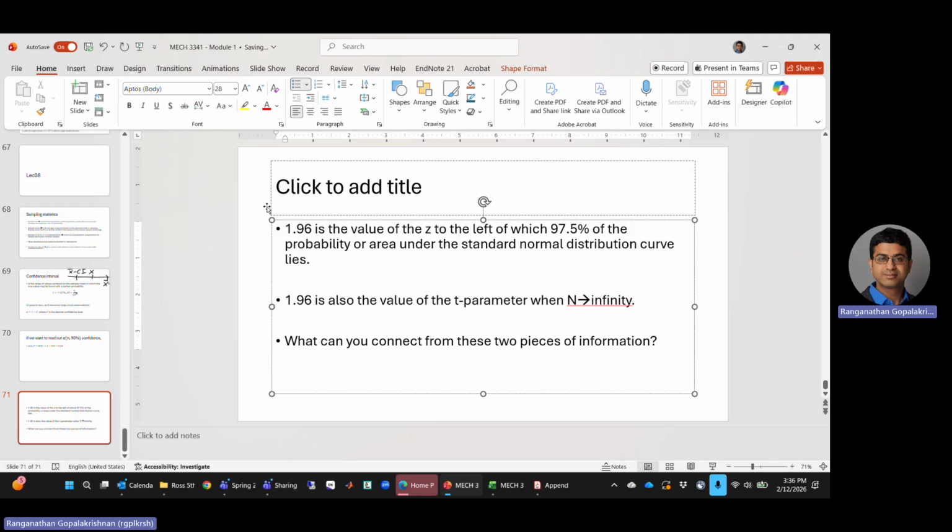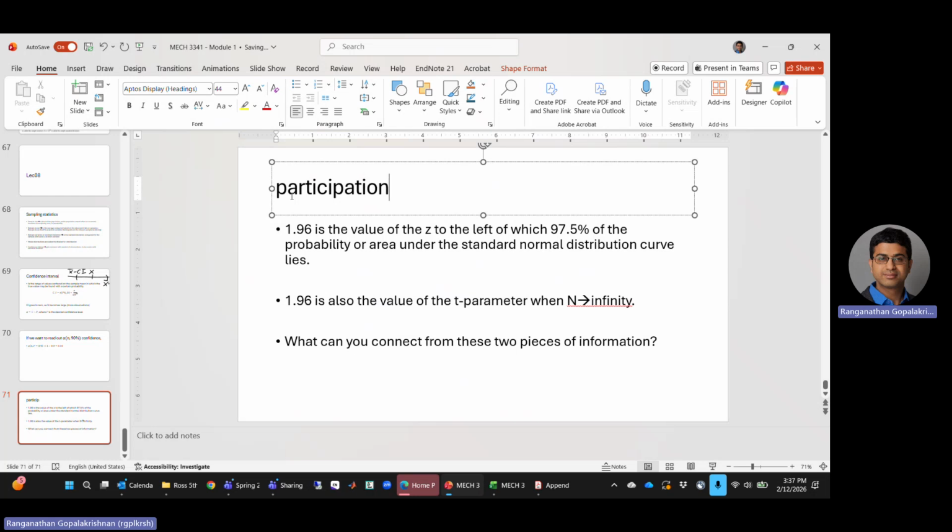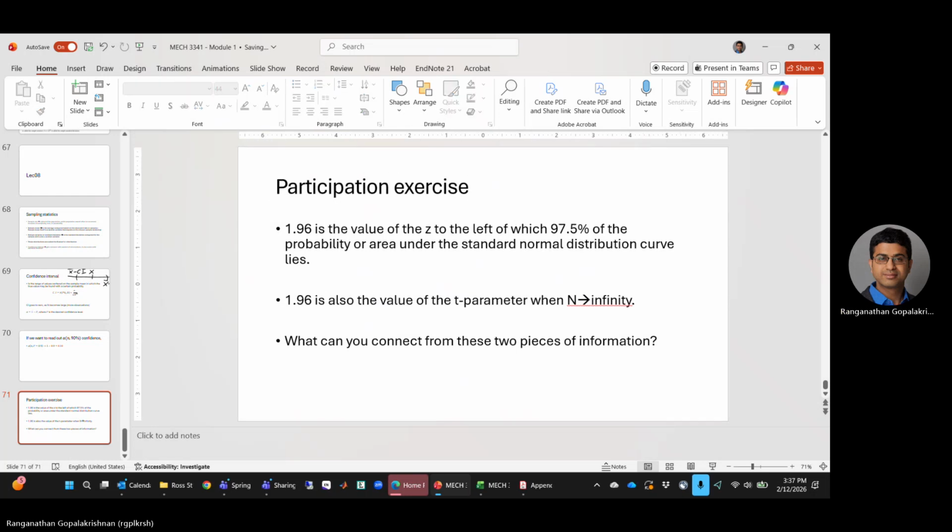Write, put down your name, and we'll collect it at the end. If you want paper, I can provide. Think and write down whatever you can think of.